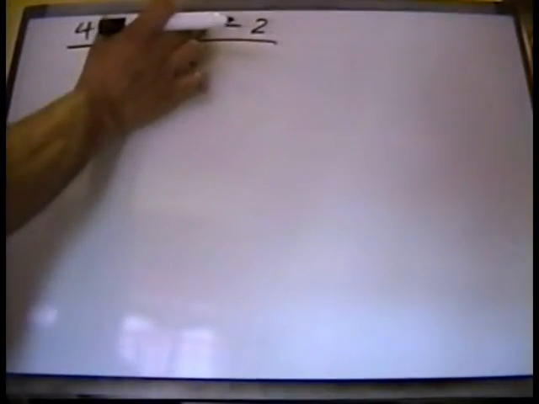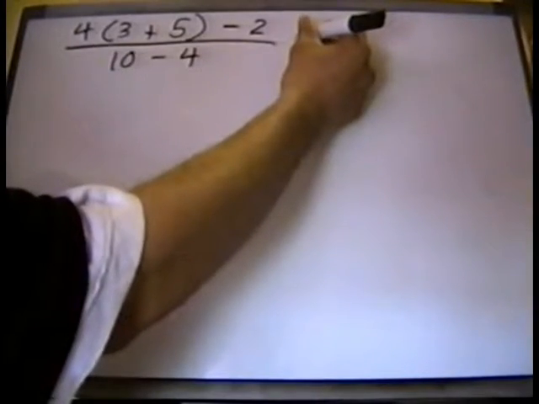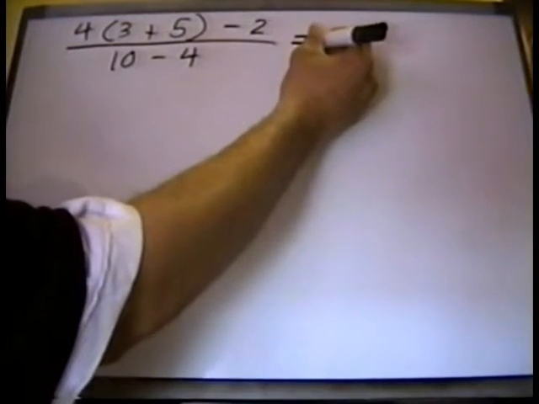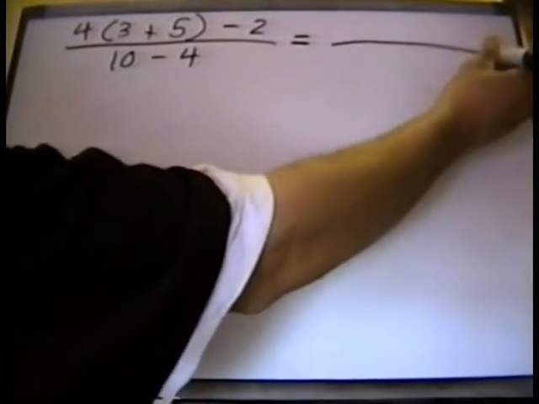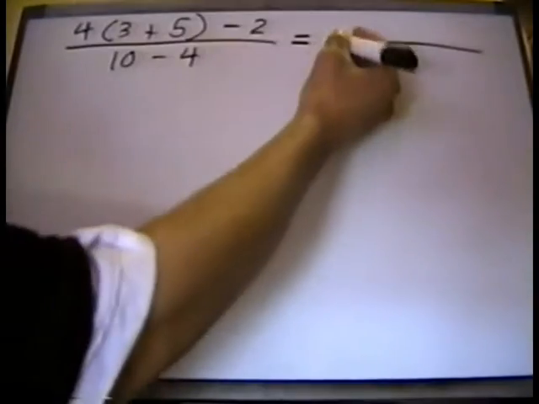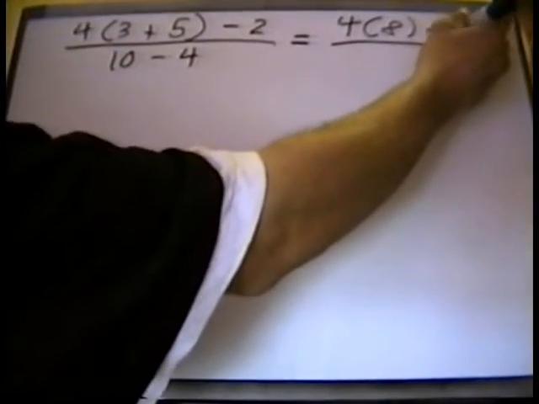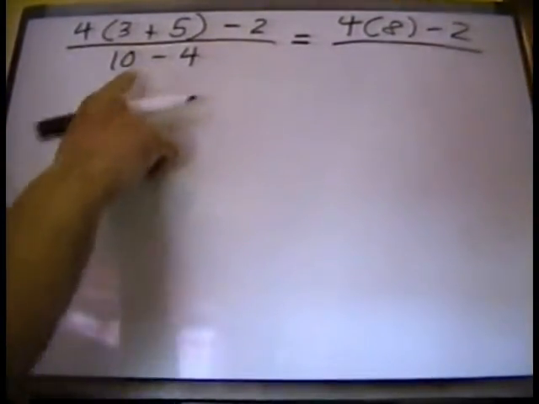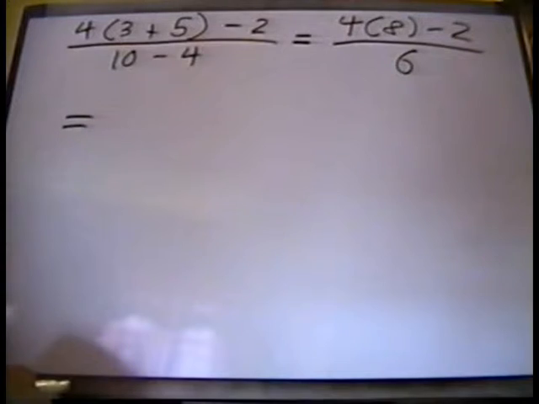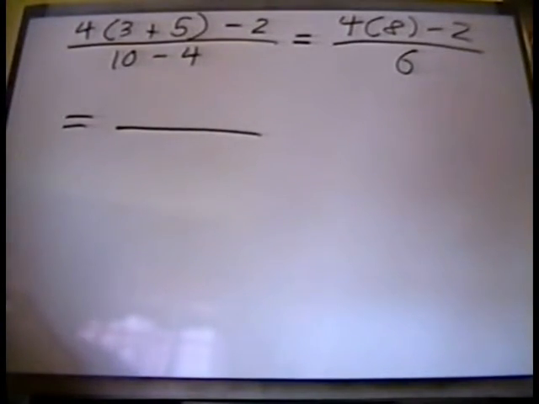So first you take what's in parentheses. For the top, you're going to get 8. That's 4 by 8. 4 times 8 minus 2. Then 10 minus 4, that's 6, okay? Now 4 times 8 equals 32.